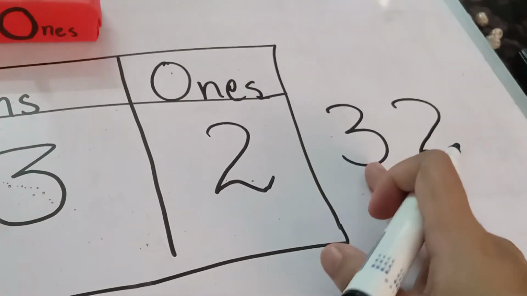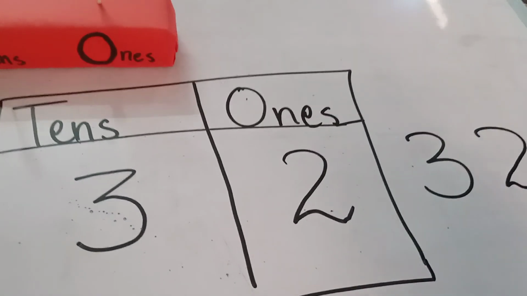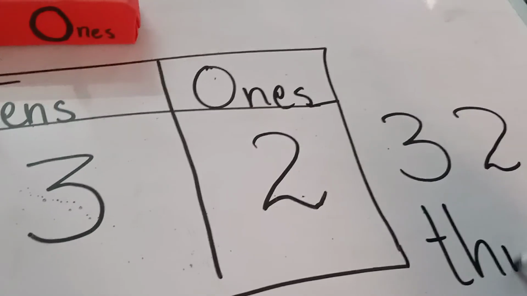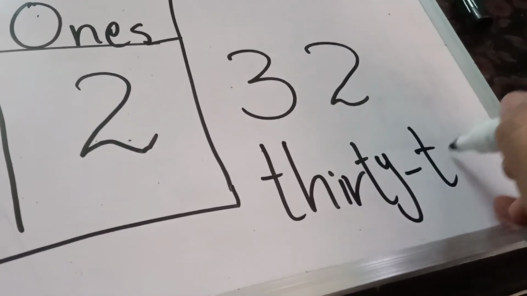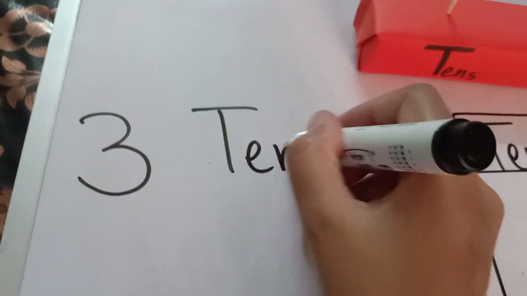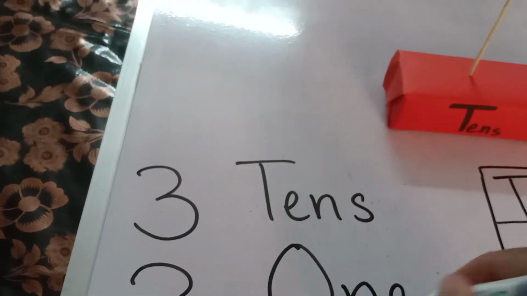So the number which will be collected from this will be 32. In 32 there are 3 tens and 2 ones.